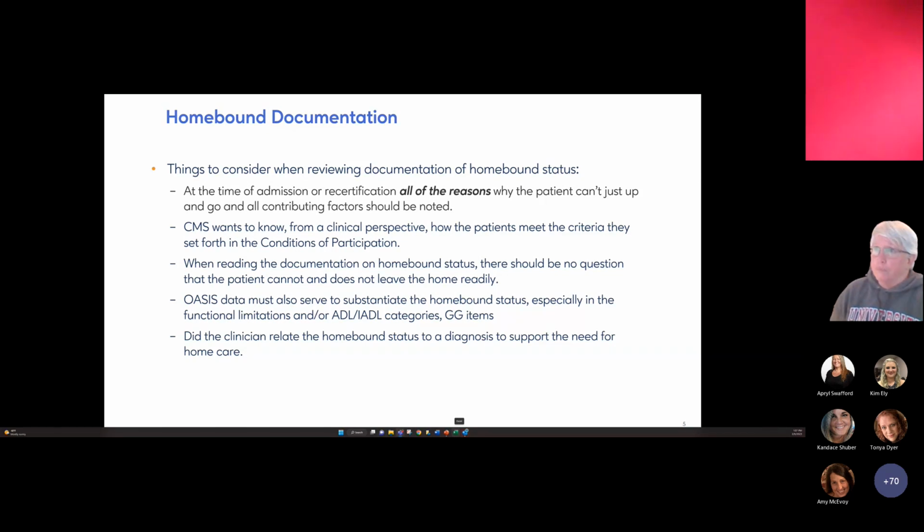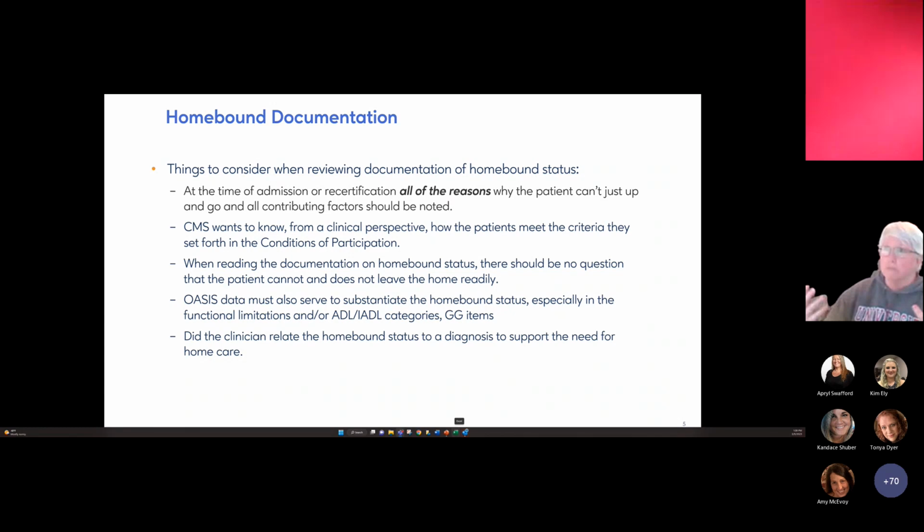Okay, so homebound documentation. What we want to be looking for when we're looking at how the clinicians are documenting homebound status, which does not mean they're checking off boxes and moving on to the next item. And this is where it gets a little sticky because agencies are terrible at documenting homebound status, generally.